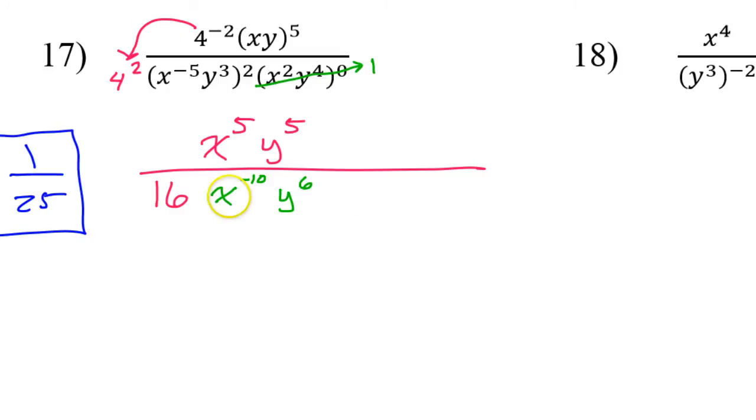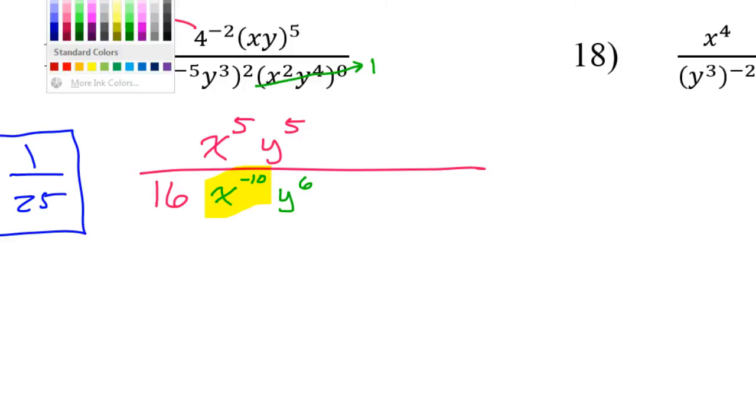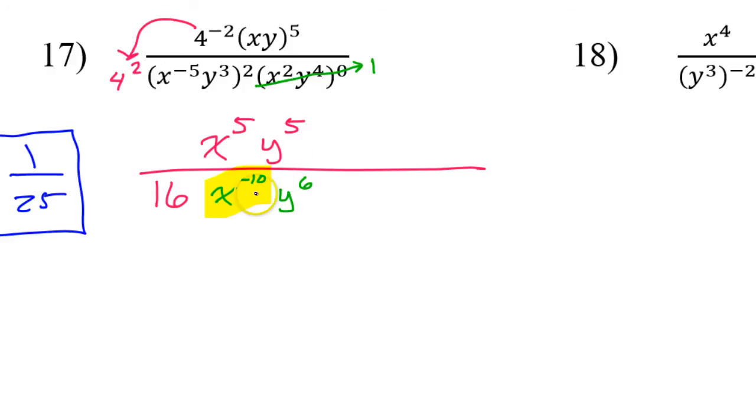Now, of course, anything with a negative exponent is going to move to the other side of the fraction. So this is going to have to move up and become x to the 10th power.